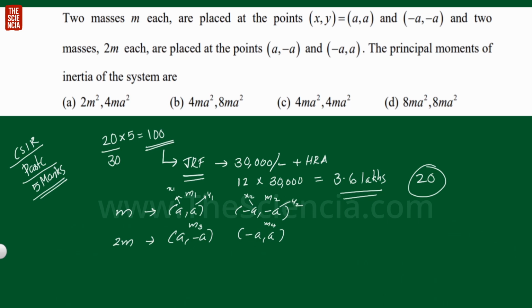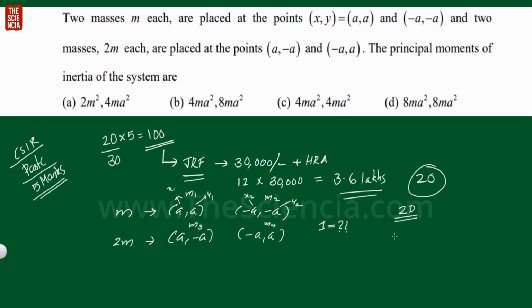The question is: the principal moments of inertia of the system are. So we have to find the moment of inertia tensor I. Here the question is in a 2D space. In 2D space, what is the number of components of a moment of inertia tensor?